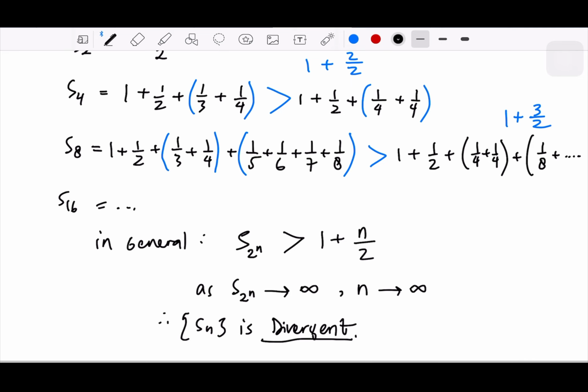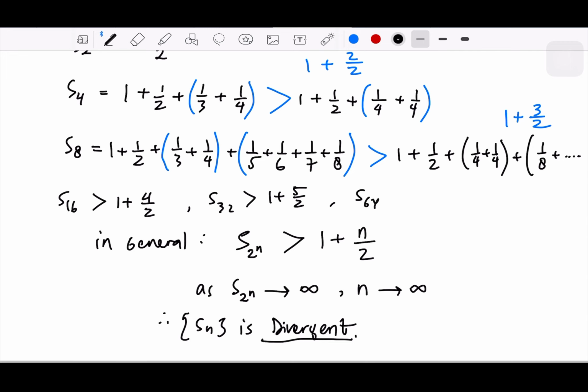So every harmonic series, like 1/n, when you see any problems or any questions that asks the harmonic series, it will always be divergent. It will be always a divergent series. Just if you want to make it maybe more clear, as 16, this will be greater than 1 plus 4/2. As 32, this is greater than 1 plus 5/2.